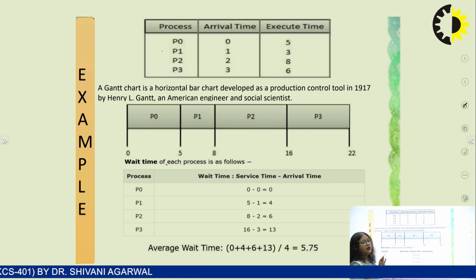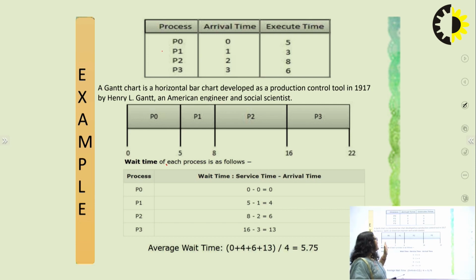The processing time of P0 is 5, so we can't preempt P0 during its execution, even when P1, P2, and P3 arrive. We have to give the processor to every process one by one.